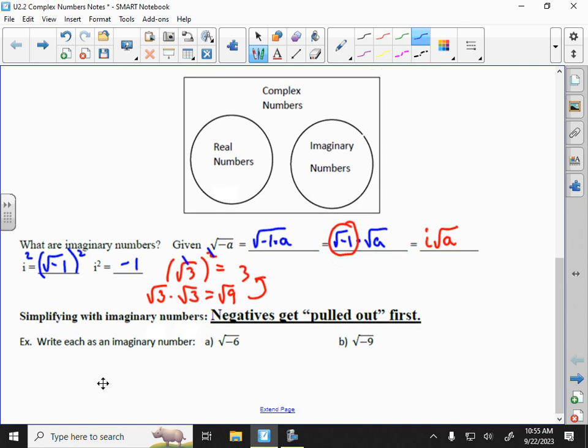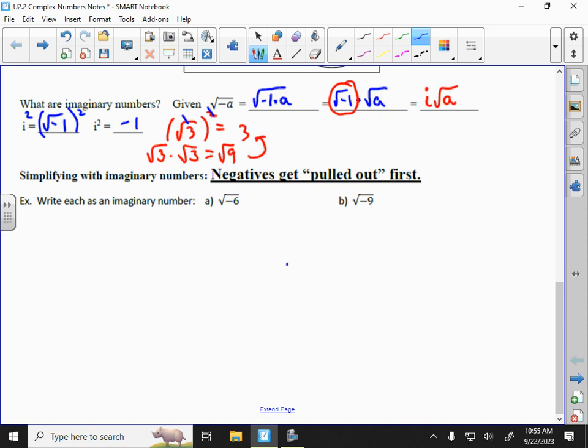All right, so when we want to simplify an imaginary number, the first step is always pull the negative out. I'm going to pull that negative 1 out. So the negative here on the square root of negative 6 comes out, and it doesn't stay a negative, it becomes an i on the outside, and then radical positive 6. So the square root of negative 6 is i radical 6.